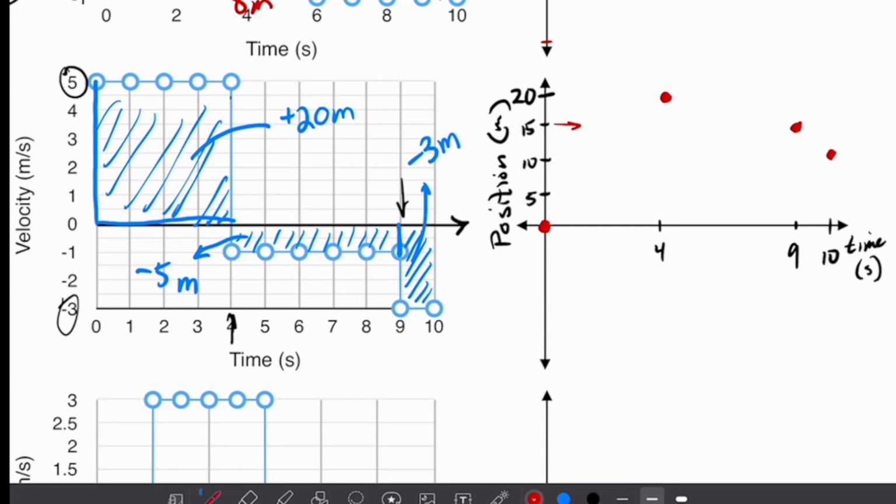Now I'm going to connect these dots using an appropriate way of connecting them. All of these were constant, which means all of my slopes have to be straight, because my slope on the position graph is the velocity. I like that. That worked out okay.